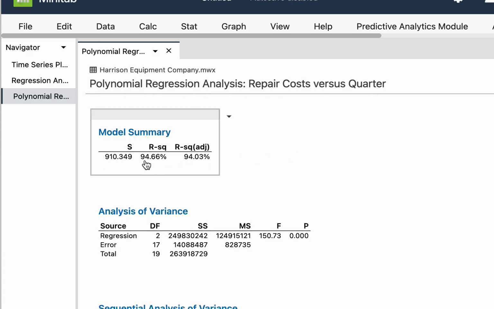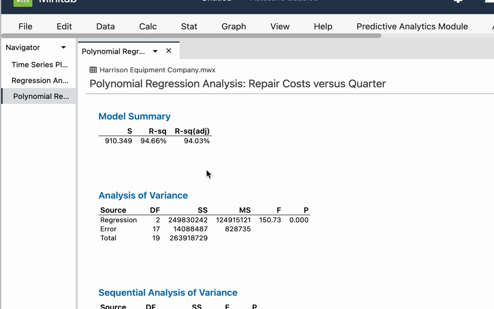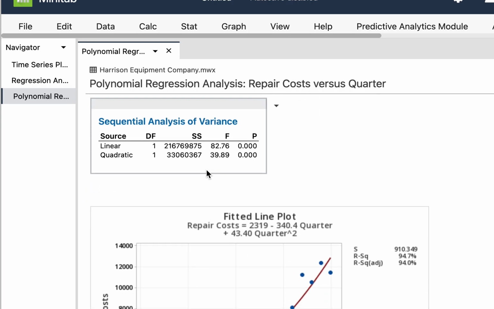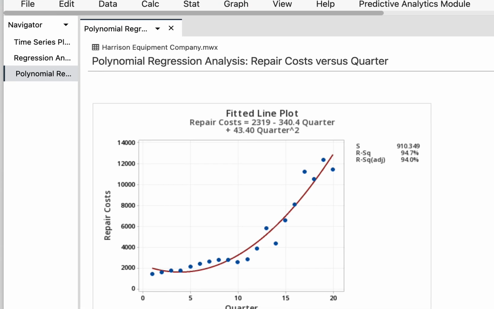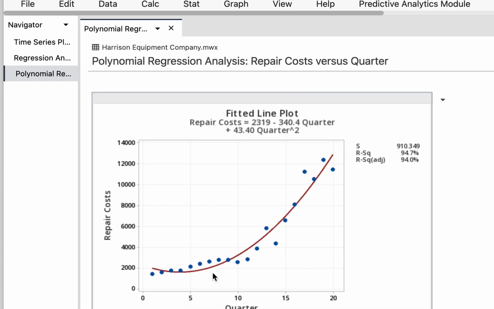I see my R squared value here is 94.66%. So that's a higher R squared value than I had with the linear equation. And I also see when I look at the graph with the quadratic equation laid over it that this quadratic fits the data much better than the linear equation. The points are much closer to the shape of this quadratic equation than they were to the line.